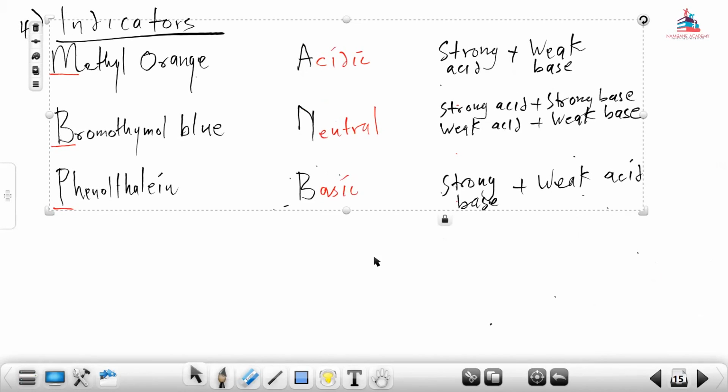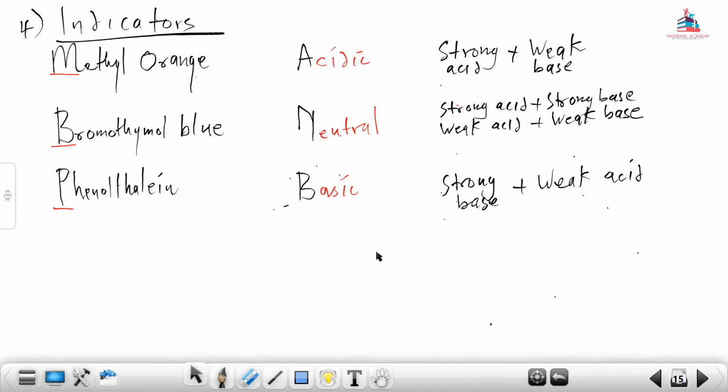So these are my indicators. But the examiner says, if one needs to know the type of indicator, we also need to know the color changes thereof.